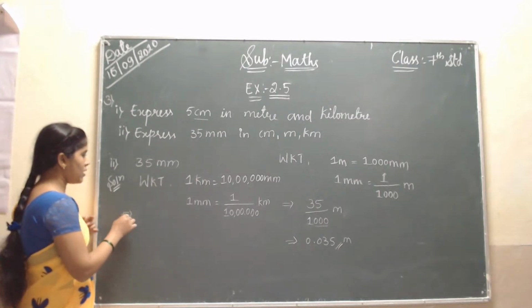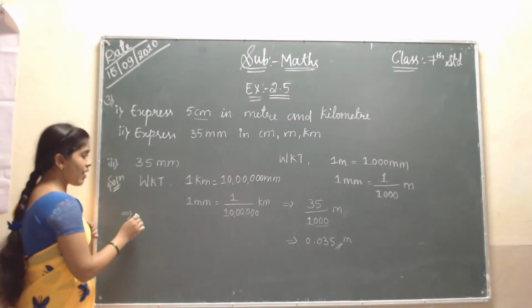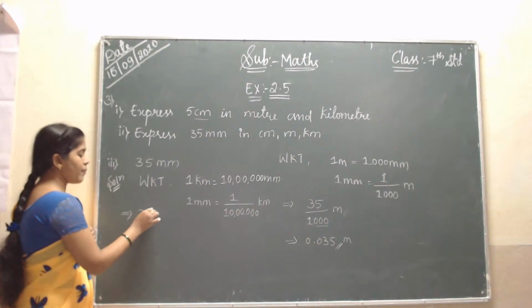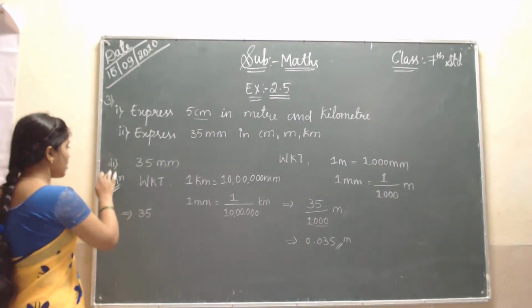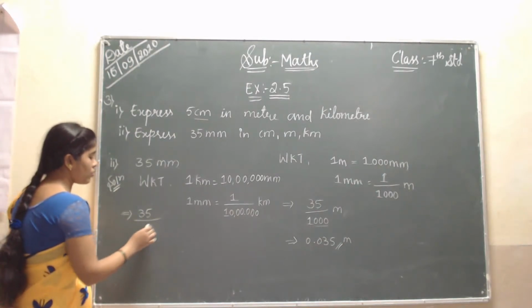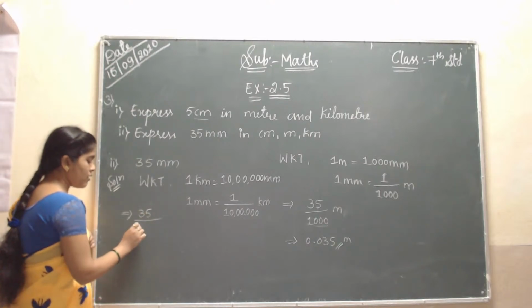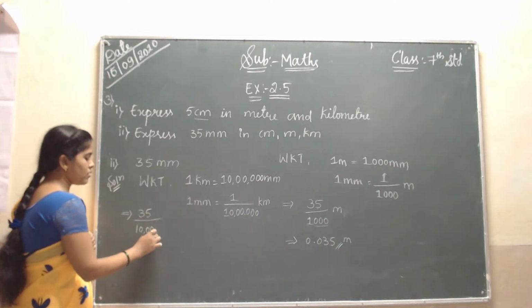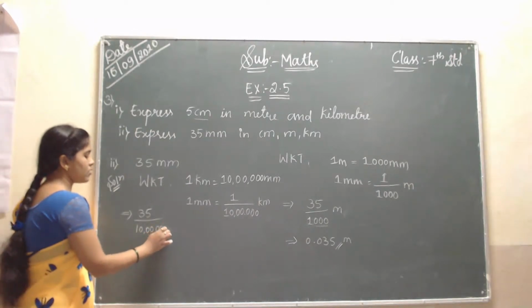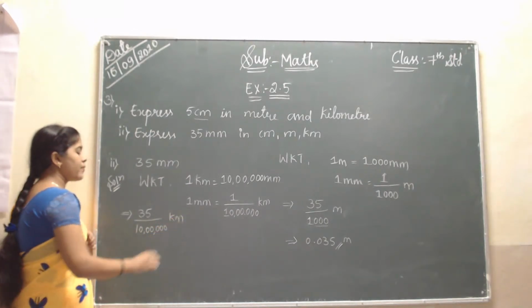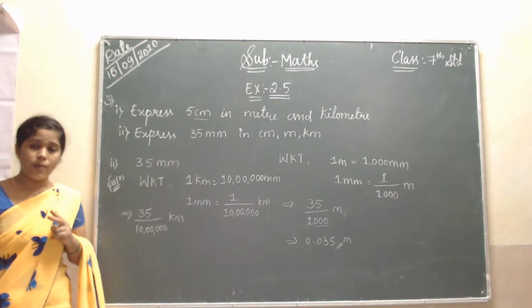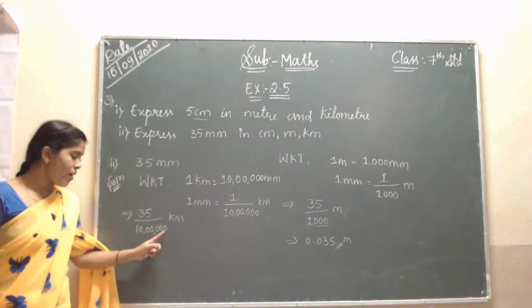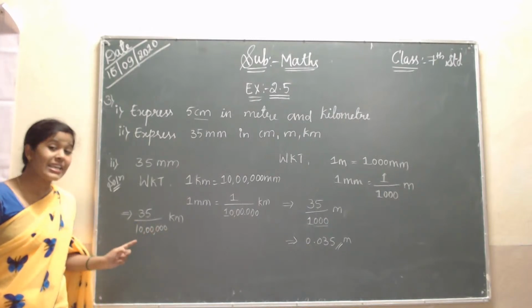We have to convert 35 millimeter to kilometer, so 35 divided by 10 lakh kilometer. Here, in the numerator there are only two numbers. In the denominator there are 1, 2, 3, 4, 5, 6 zeros.